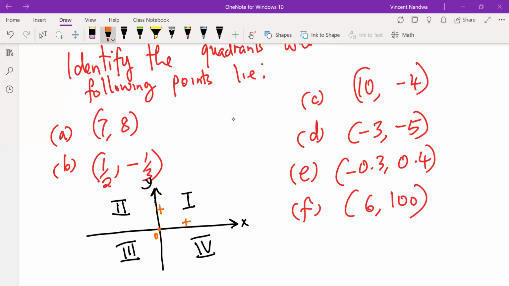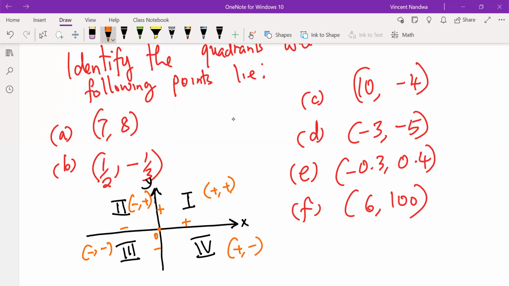Going to the left, x is negative, going down, y is negative. So points in the first quadrant have positive, positive signs. Points here, x is negative, y is positive. Points here, x is negative, y is also negative. And points here, x is positive, y is negative.